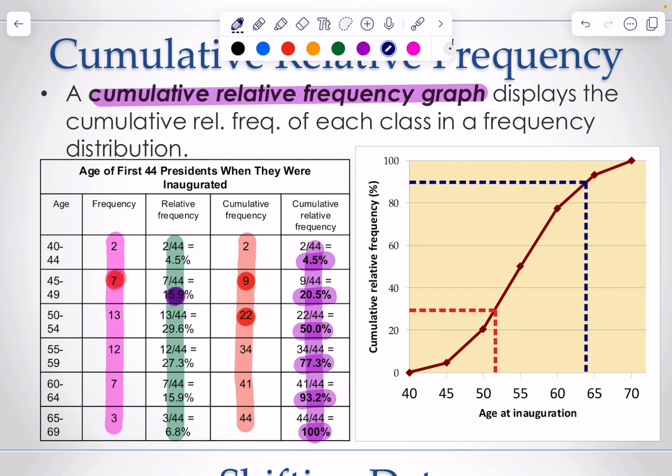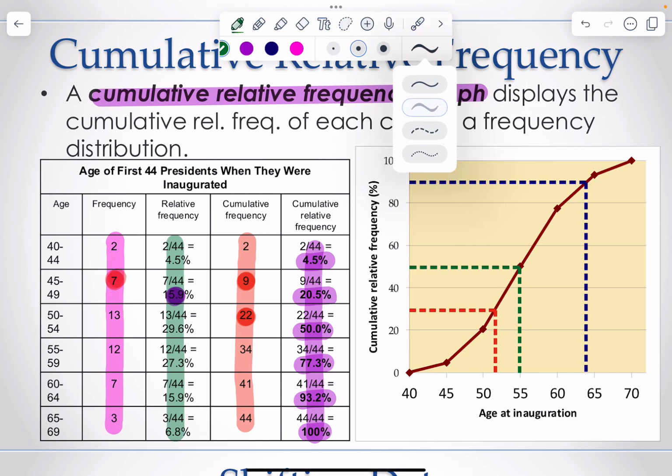And so as we're looking at this, the median represents the 50th percentile. So if I go to 50% on my y-axis and I trace across and down, 55 years of age would roughly measure my median in this case, or my 50th percentile. So that 55 years of age would represent my median age at inauguration.